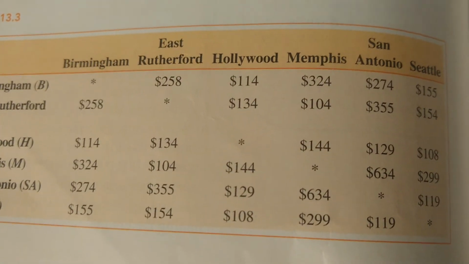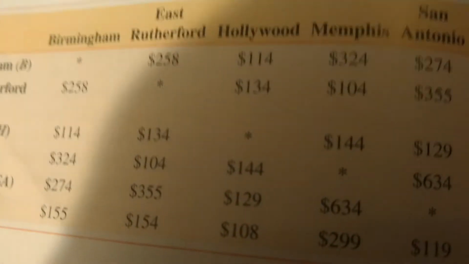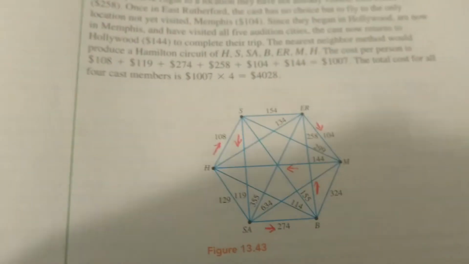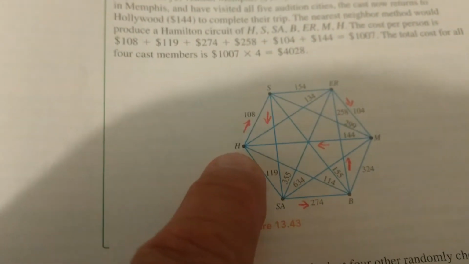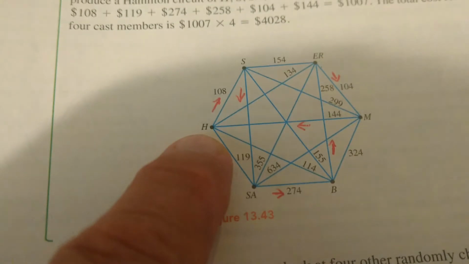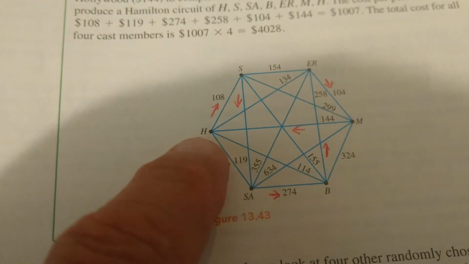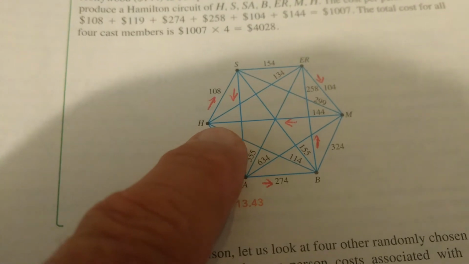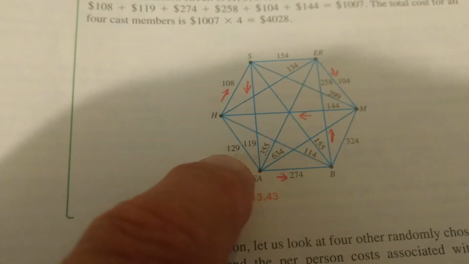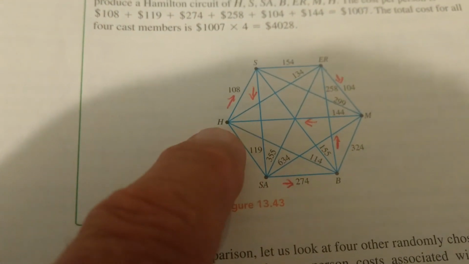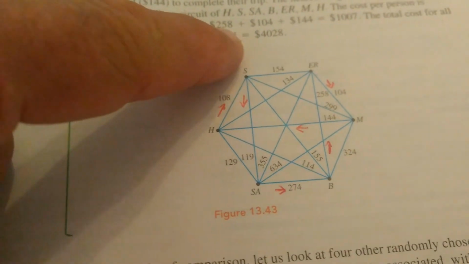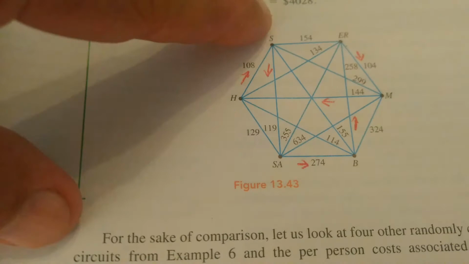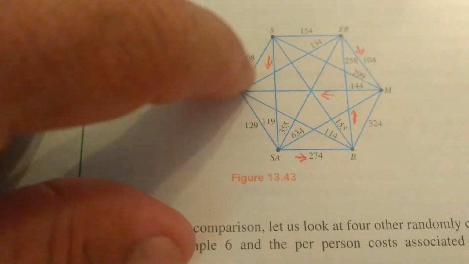And so if we follow the nearest neighbor example, we're going to start from Houston. And if I look at Houston, I have this 108 on this weighted 134, 144, 129. So I'm going with the 108. So now I'm in Seattle. And I can't come back this way.